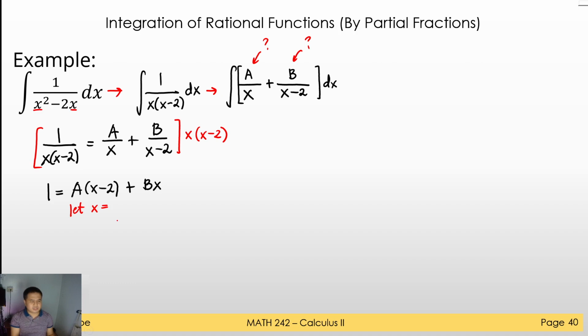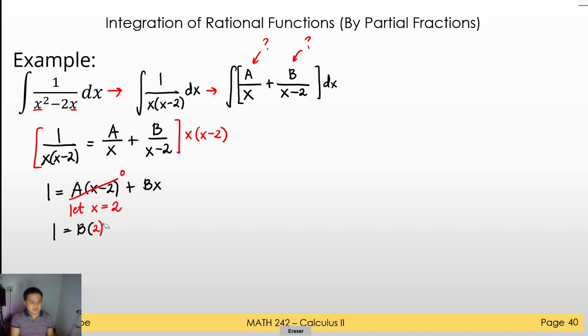Although this is in some way a variable that we're trying to solve. So we let x is equal to 2. If x is equal to 2, this will cancel out to 0. And then this will become 1 is equal to b times 2.